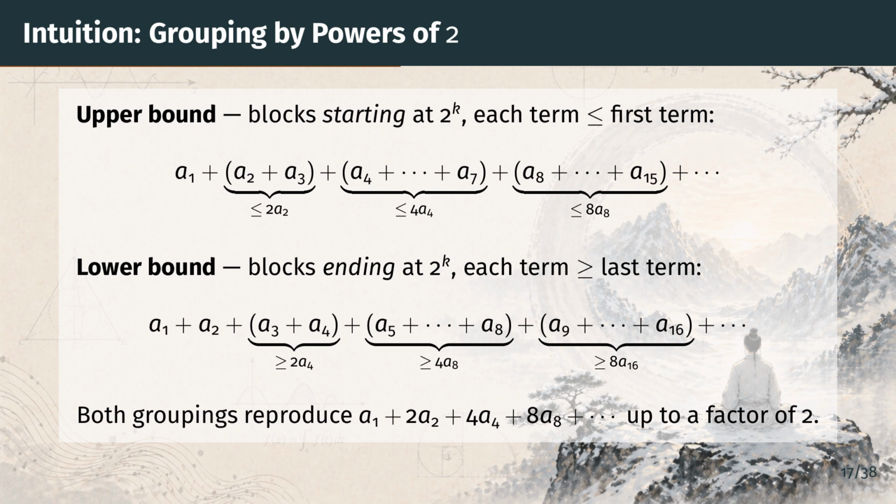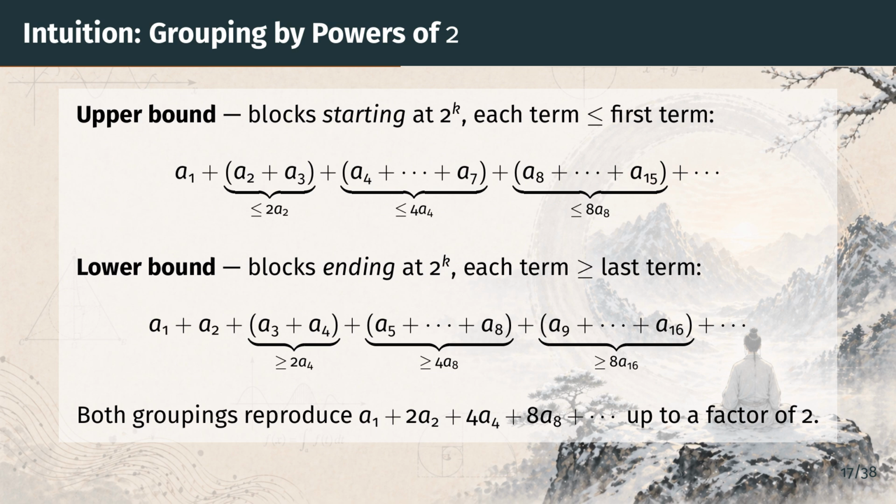For the lower bound on the second line, we shift the grouping by 1 step, so each block ends at a power of 2 instead of starting at 1. Now every term is at least the last term, and the block sums are bounded below by 2 times a sub 4, then 4 times a sub 8, then 8 times a sub 16, and so on.